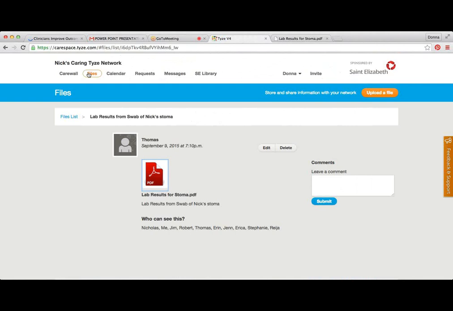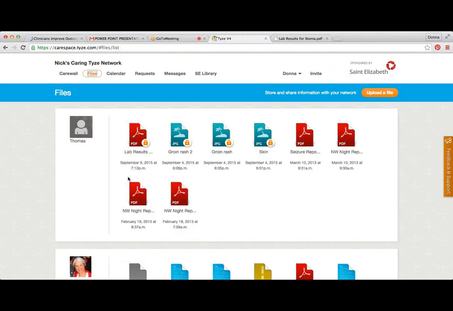Some of the other files that would be on this, and you see the lock symbol indicates that these files are private, and there are only select people who have access to view them. My sister, for example, would not see those files there at all.